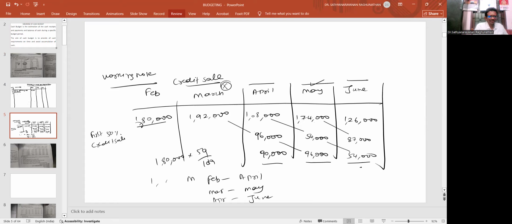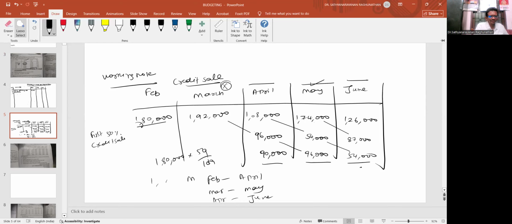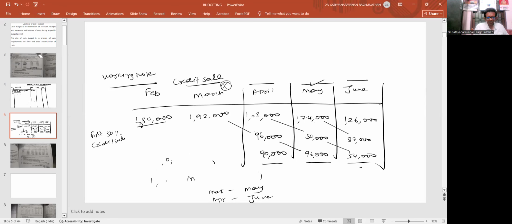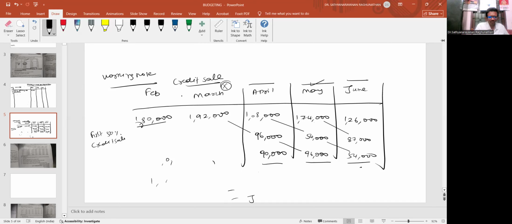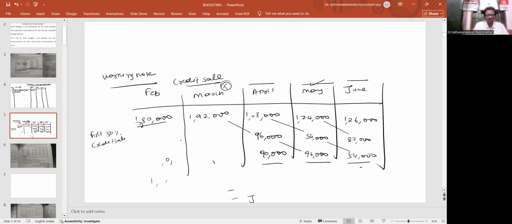Now here, 50% of February's 1,80,000 is 90,000, and 50% of 1,92,000, and 50% of 1,08,000 is 54,000. Please see this working.